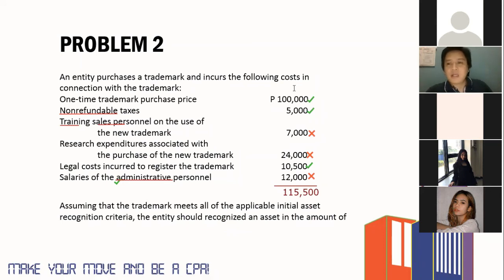That is only applicable if there is research and development in the entity. However, if it's only a purchase, then you consider all the cost that is being paid so that the entity can purchase a certain intangible asset, plus its registration.